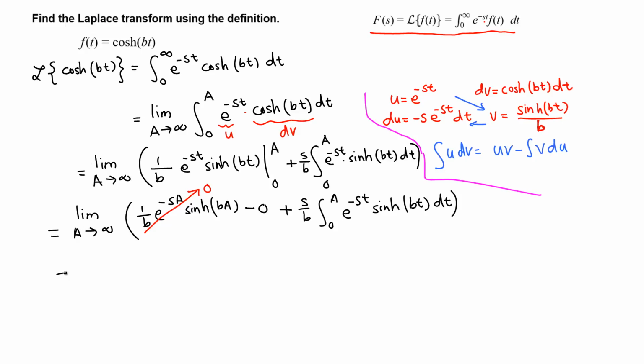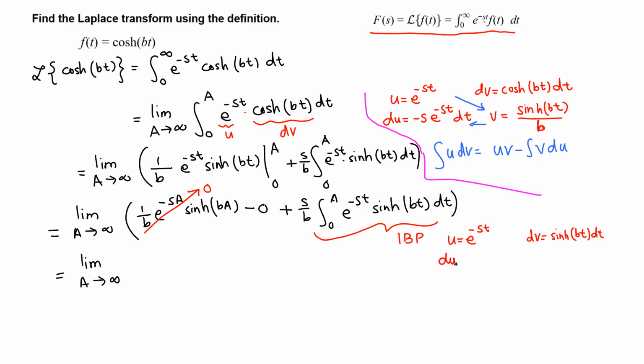Now we need to work on this. This is in fact the limit as a goes to infinity of this integral, and we have to use integration by parts again, like last time. So u is e raised to negative st and dv is the remaining sine hyperbolic bt dt.